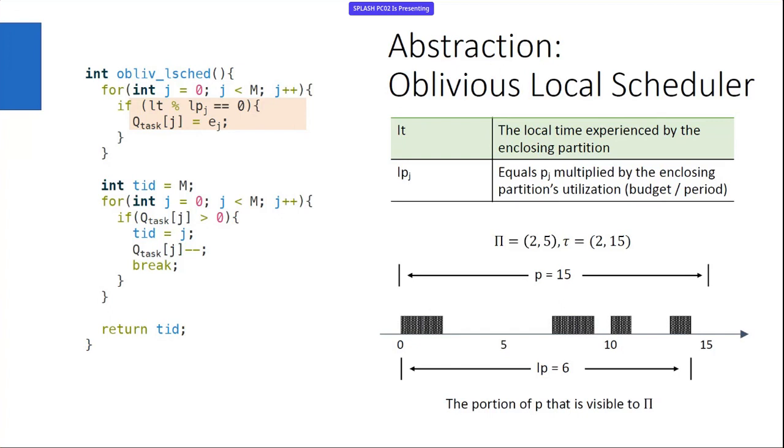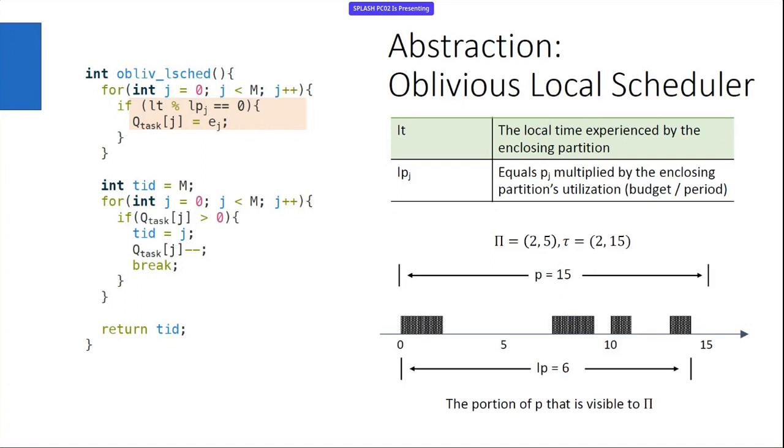So, for example, if I have a partition (2, 5), and inside I have a task (2, 15), then the logic period is really 6, because in time 15, this partition only gets 6 units. So LP should be 6. And then LT counts how much logic time you have used within this 6, and you will increment this logic time LT.